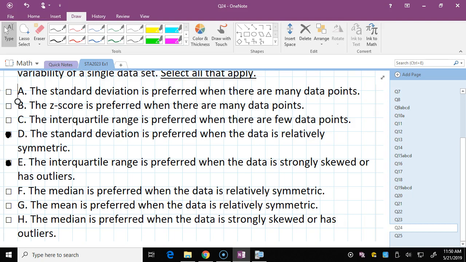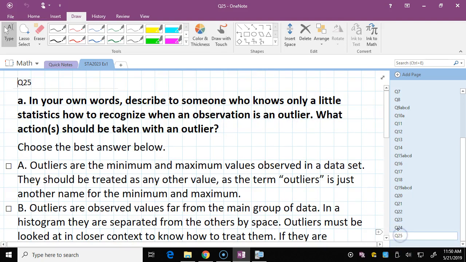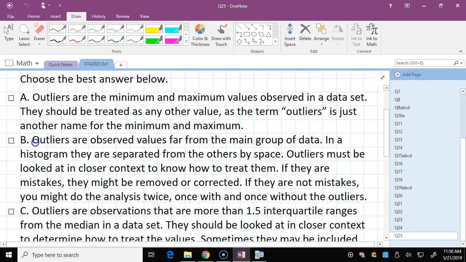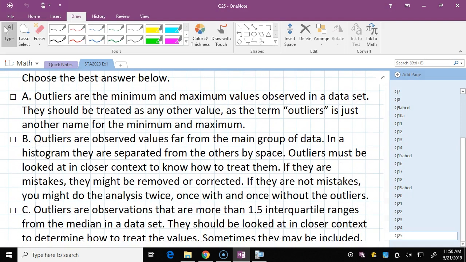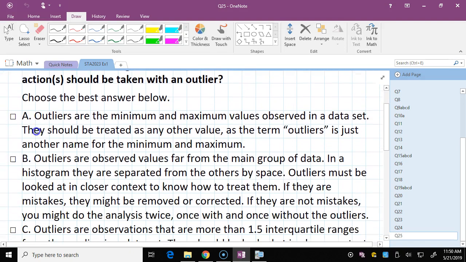Okay, last question, then we're done. In your own words, describe to someone who knows only a little statistics how to recognize when an observation is an outlier. What actions should be taken with an outlier? Okay. So there are two parts to this.